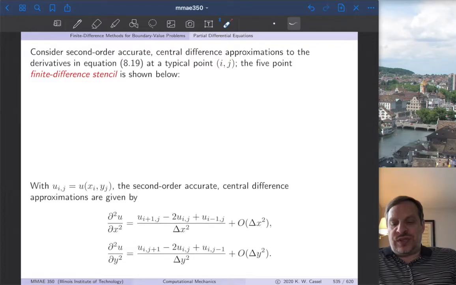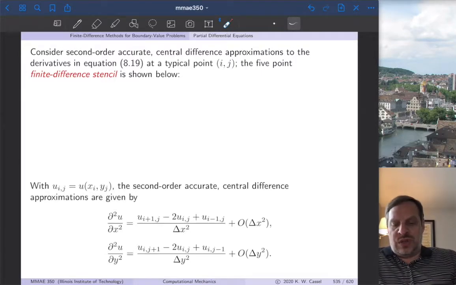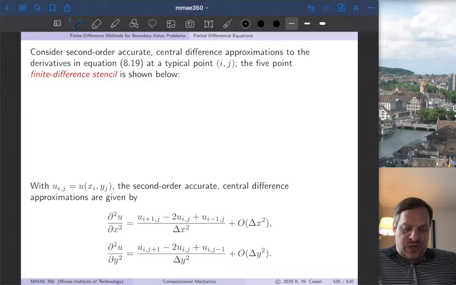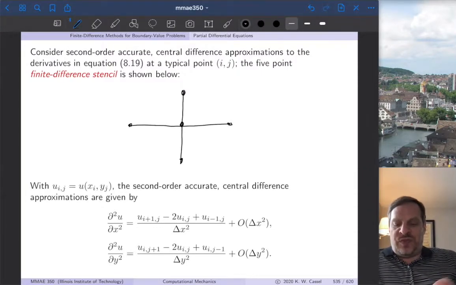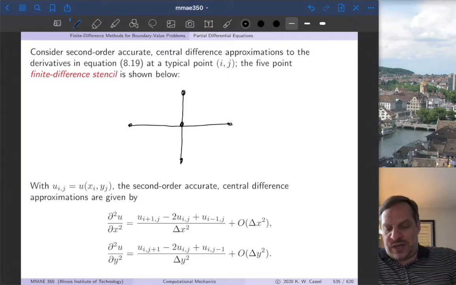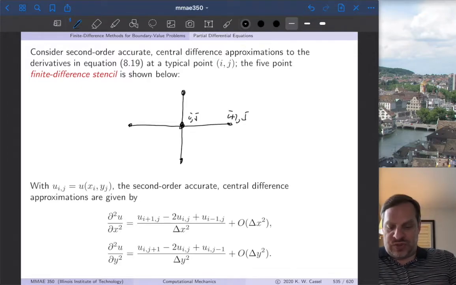All right, so let's consider a second-order accurate central difference approximation to each of the derivatives in the Poisson equation. And when we're in 2D and 3D, you'll see us draw these quite frequently. We call them finite difference stencils, and so they indicate all of the points on which the solution depends. So at the center, we have the ij point, and then to the right, i plus 1 j, to the left, i minus 1 j.